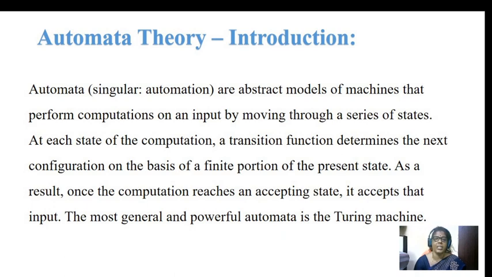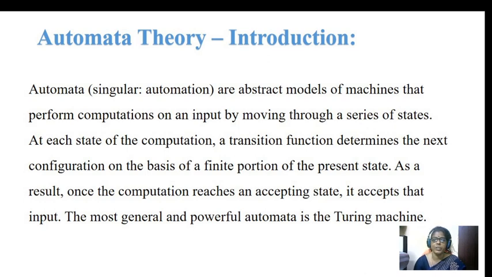At each state of the computation, a transition function determines the next configuration on the basis of a finite portion of the present state. As a result, once the computation reaches an accepting state, it accepts that input. In some cases, the card or pin are not matching.